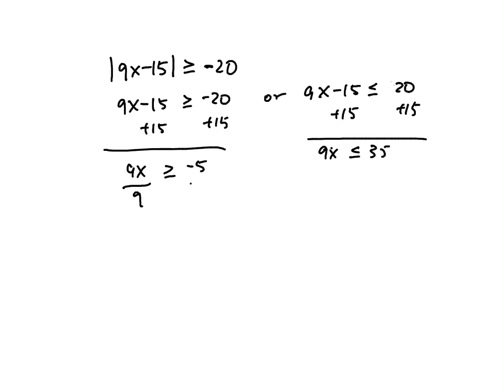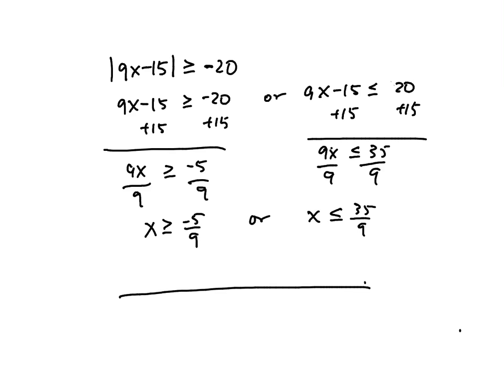Divide by 9 on both sides. You get x is greater than or equal to negative 5 over 9, or x is less than or equal to 35 over 9. Now, this problem is easier to show on a number line. You get 35 over 9, which is somewhere over here.